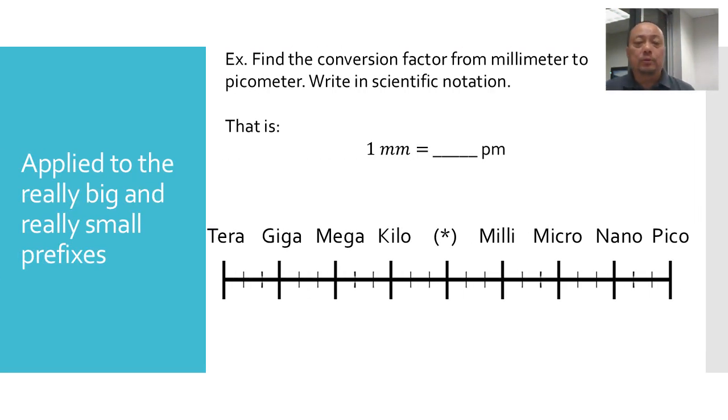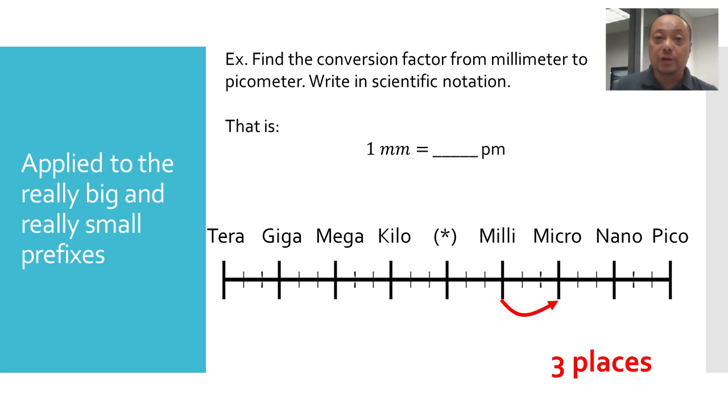Let's do this example. Find the conversion factor from millimeter to picometer and write in scientific notation. The starting unit is millimeter. The target unit is picometer. We want to know 1 mm equals how many pm. Let's count the thousands. 3 places for every 1,000. From milli to micro, 1,000. 3 places.